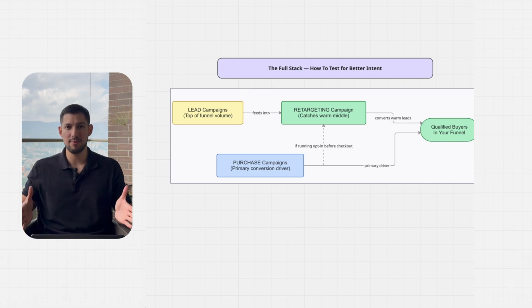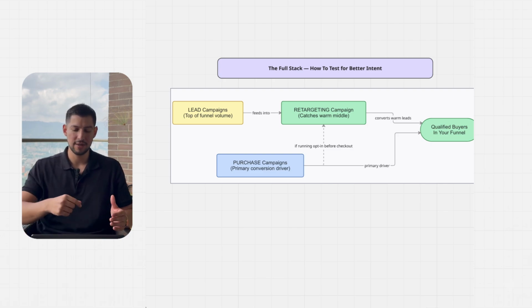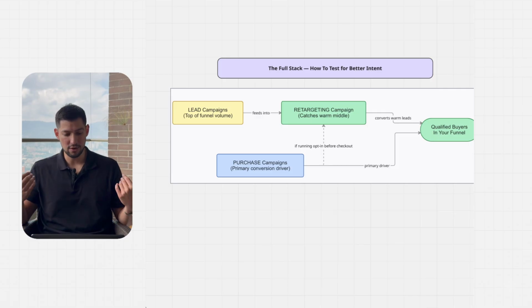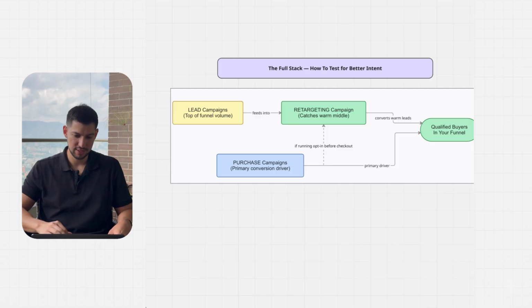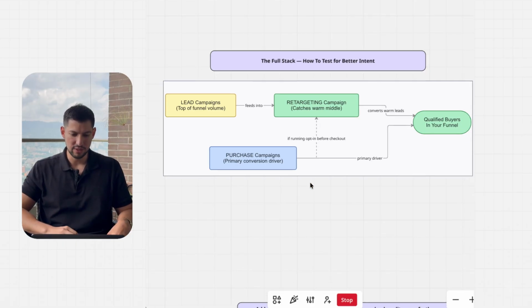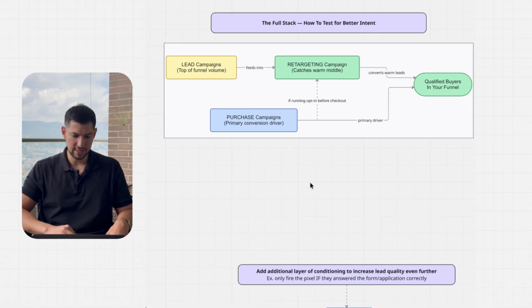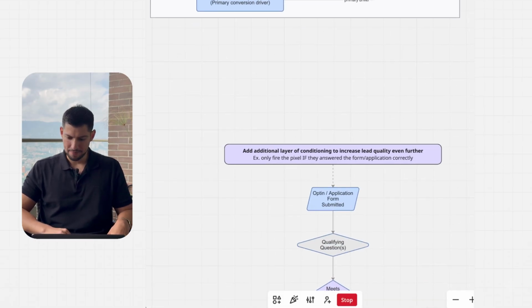If it's within the time period that Meta will credit to the ads, then you could technically also optimize for an even higher intent event, like a purchase. But now we're getting a little more higher friction, and I'll talk about the consequences, or the trade-offs, in a second. So yeah, that's the retargeting.